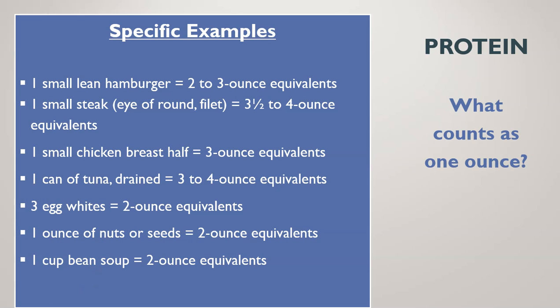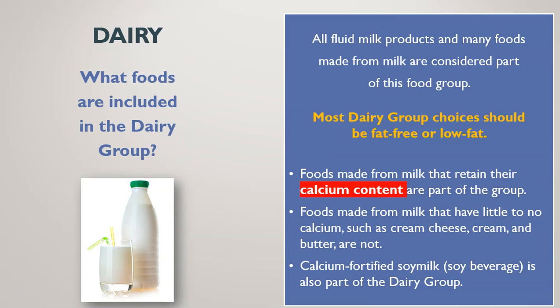Okay, so we're moving into our last category here, dairy. And remember, dairy was on the side plate, so it didn't really even make the plate. And dairy is included in the MyPlate scheme because dairy tends to be our best source for this mineral calcium.